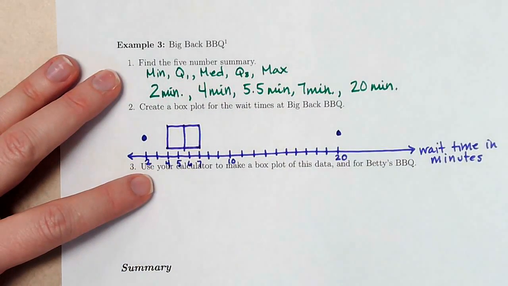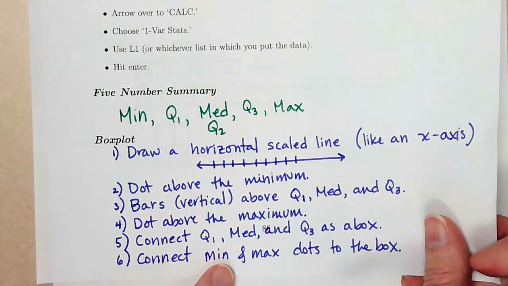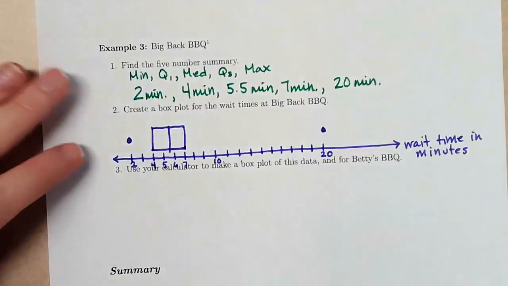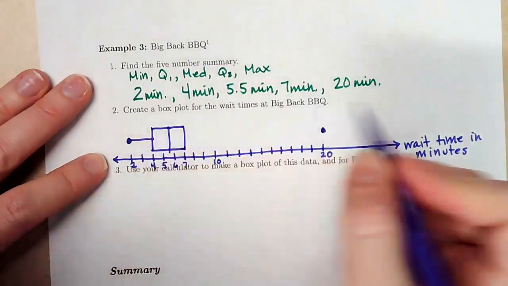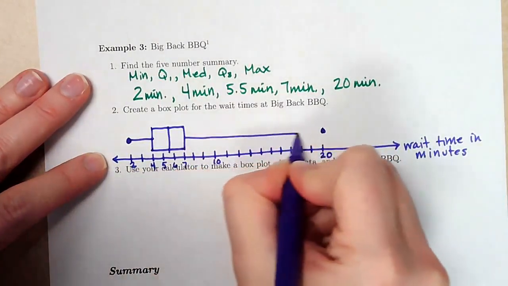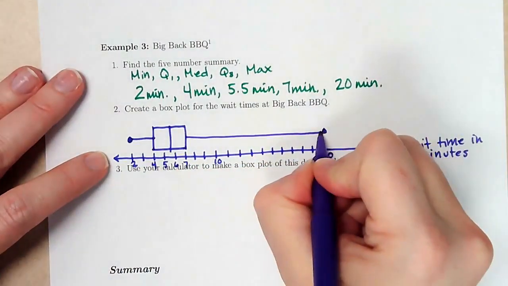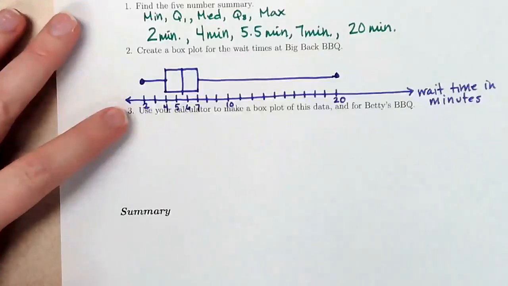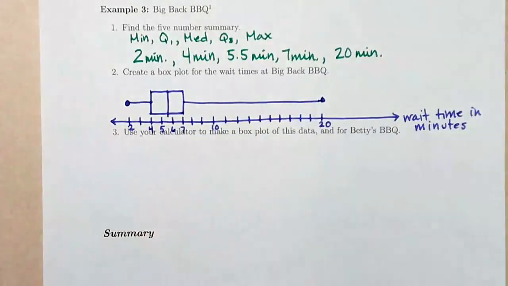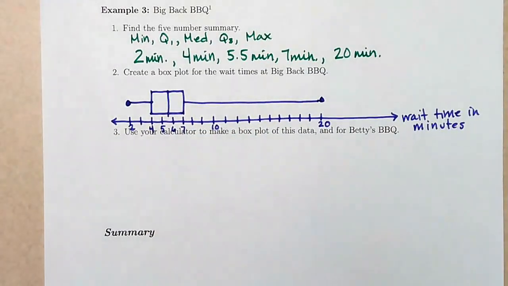And then last step, so there was the box of the box plot, connect the min and max dots to that box. So then I just connect these like so. They often call this a box with whiskers.